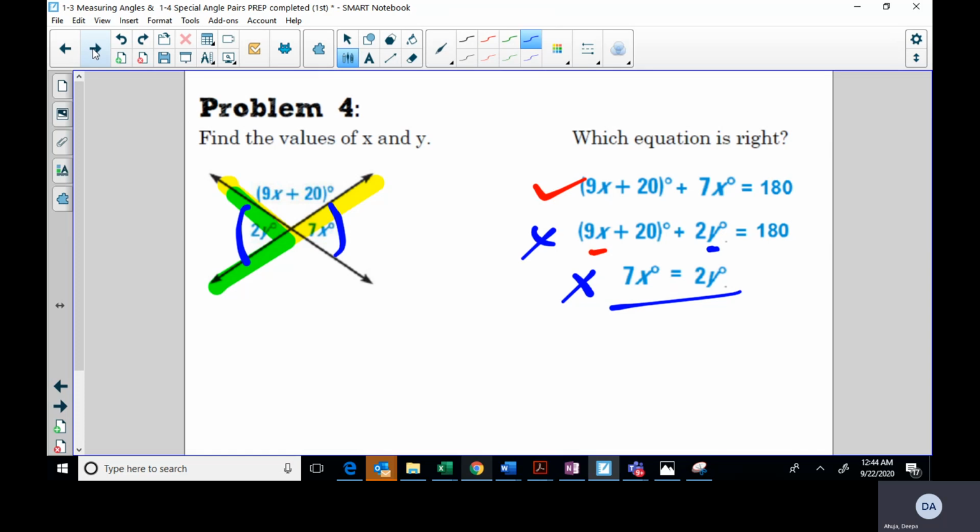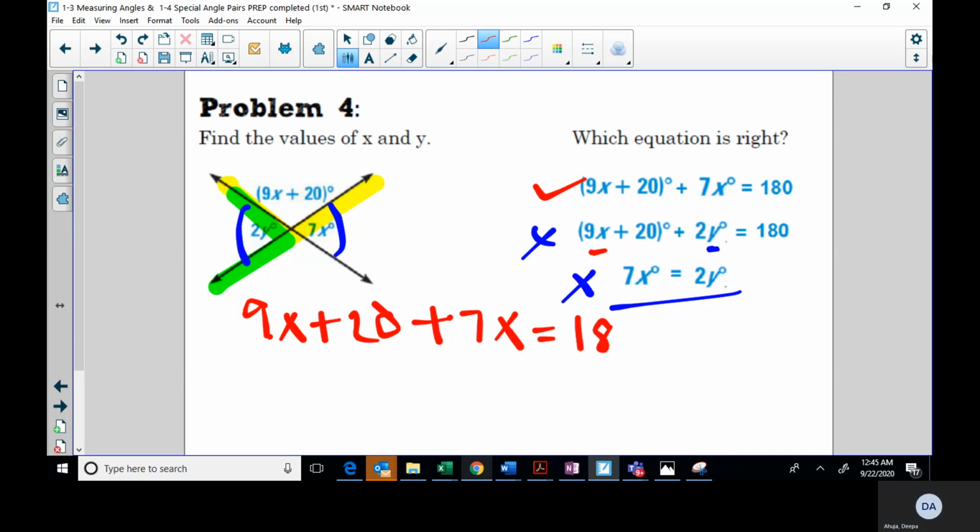Let's do it together so that you know how to do it. So it is 9x plus 20 plus 7x is equal to 180.